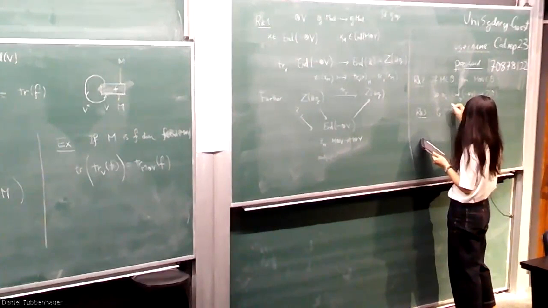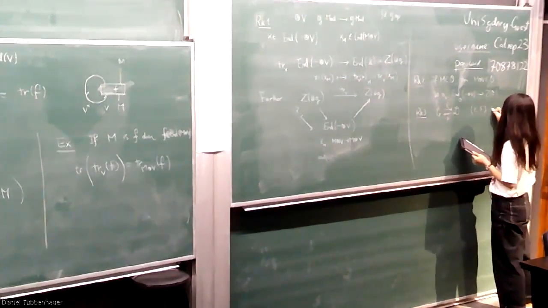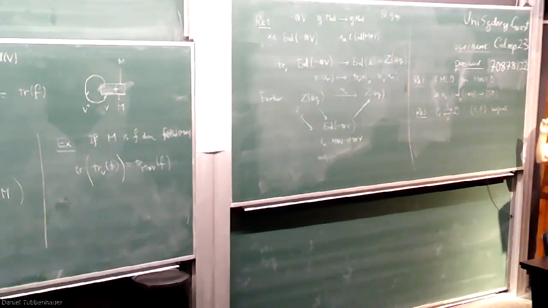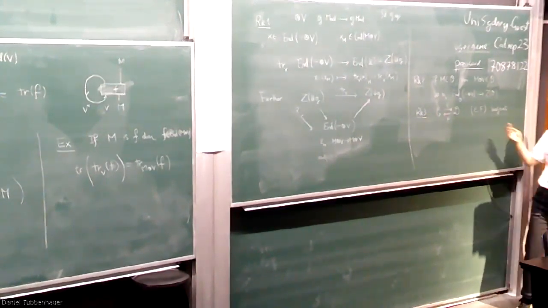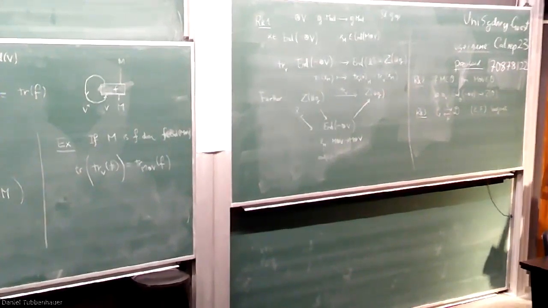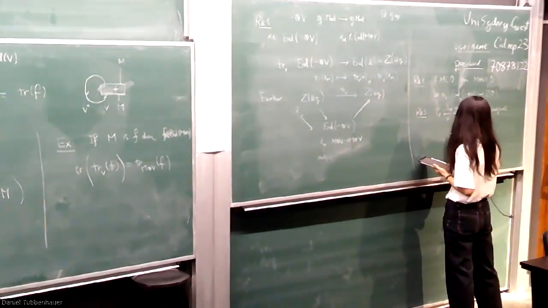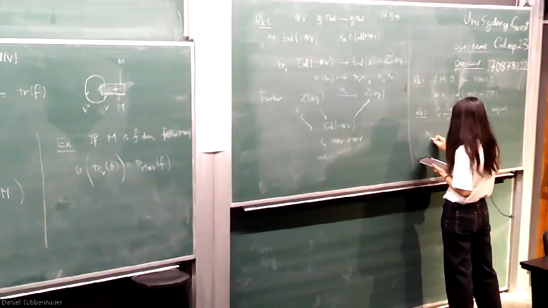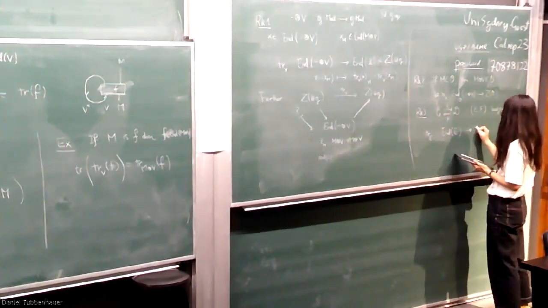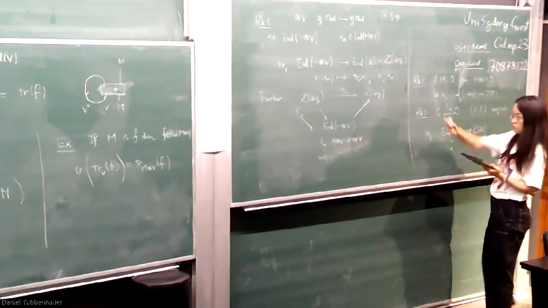Whenever you have a biadjoint pair of functors E and F between two categories, where biadjoint means they are both left and right adjoint, you can define a kind of trace map like this, which starts from an endomorphism, a natural transformation of E, and you end up in the center of B. You can do the same thing for F, and then you end up in the center of C, following the same principle.